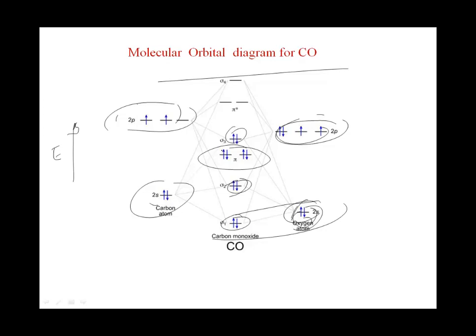Now what happens in this molecule CO is that this sigma is pushed up quite a bit. Usually this is down here, but in CO, for a variety of reasons, it's pushed up quite a bit. Essentially, it's very close to the energy of the oxygen atomic orbital.